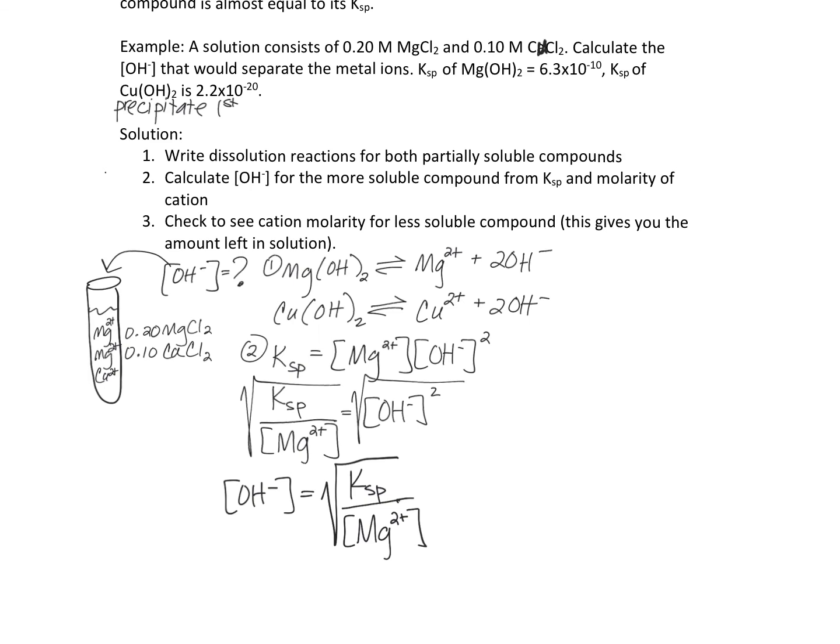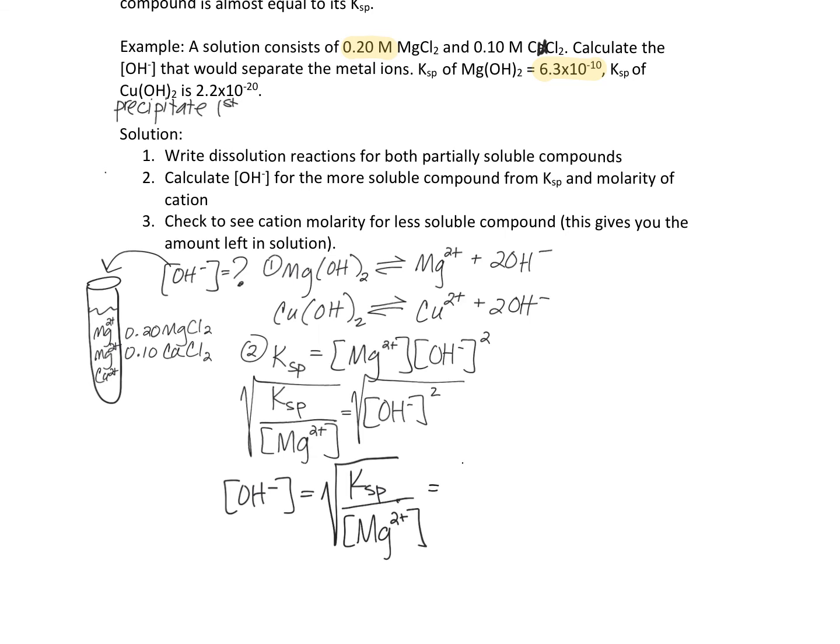Excellent. So what I need to plug in is the Ksp for magnesium hydroxide, and I need to plug in the magnesium concentration. So this one doesn't end up being diluted. The magnesium doesn't because it's already mixed with the copper.